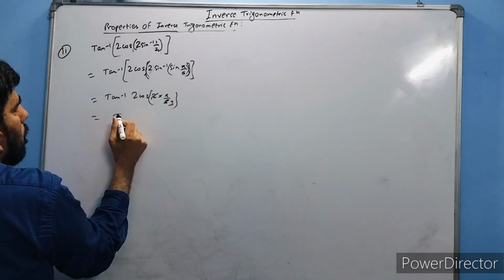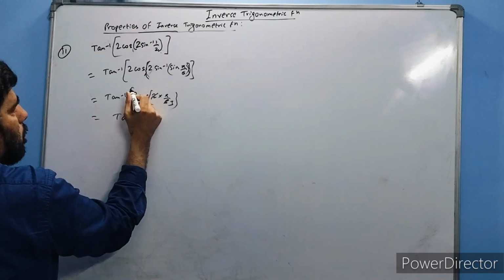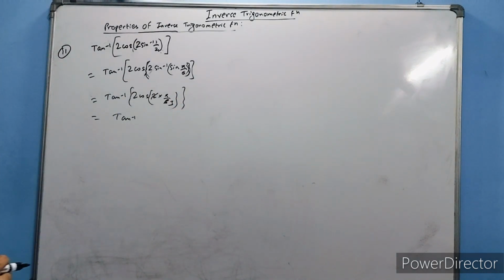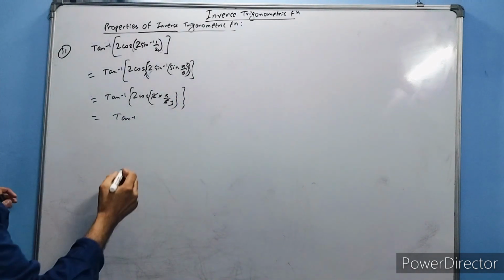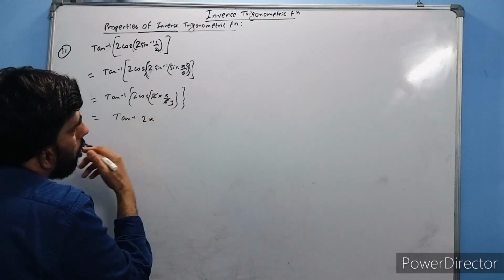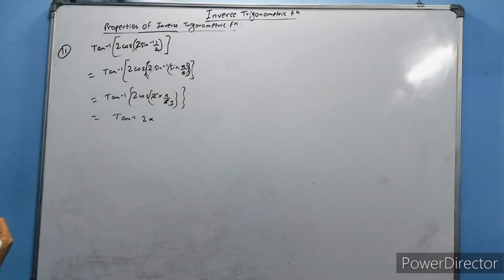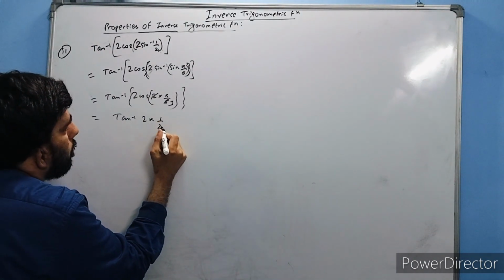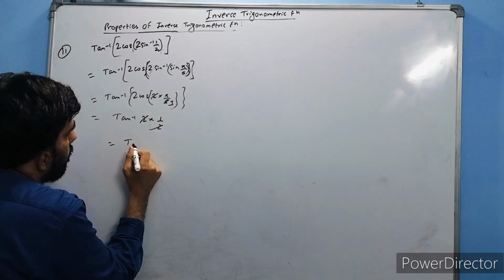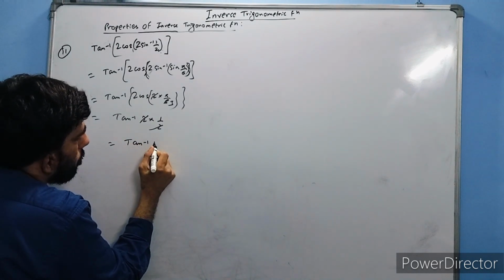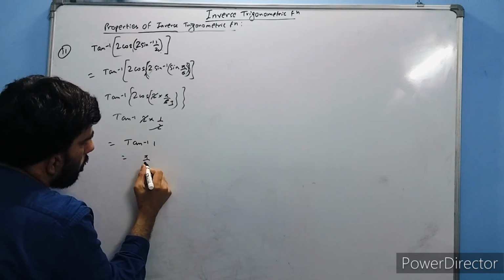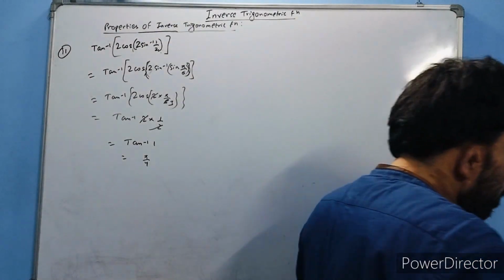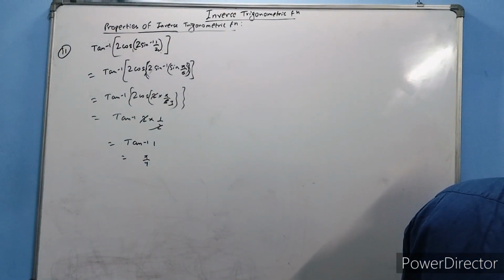So now tan inverse 2 cos pi by 3, cos 60. The value of cos 60 is half. So we have tan inverse 1, so we'll have pi upon 4. So this is the question we have solved, in which we needed to find the value.